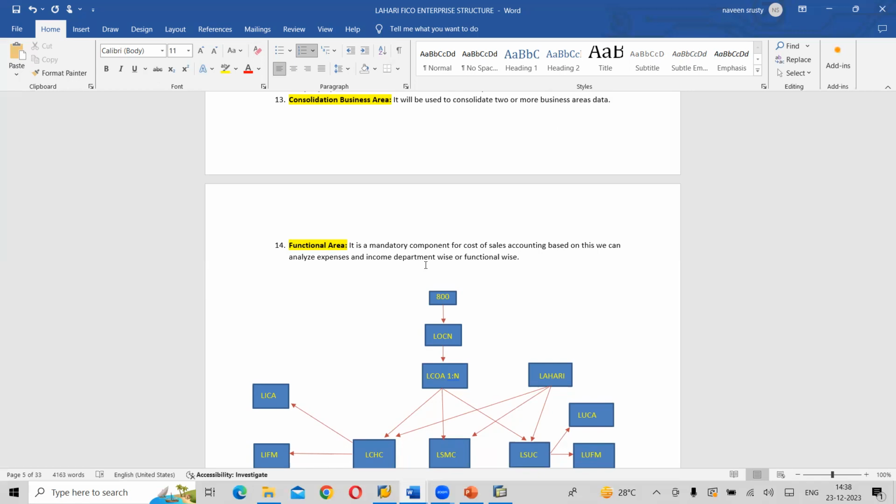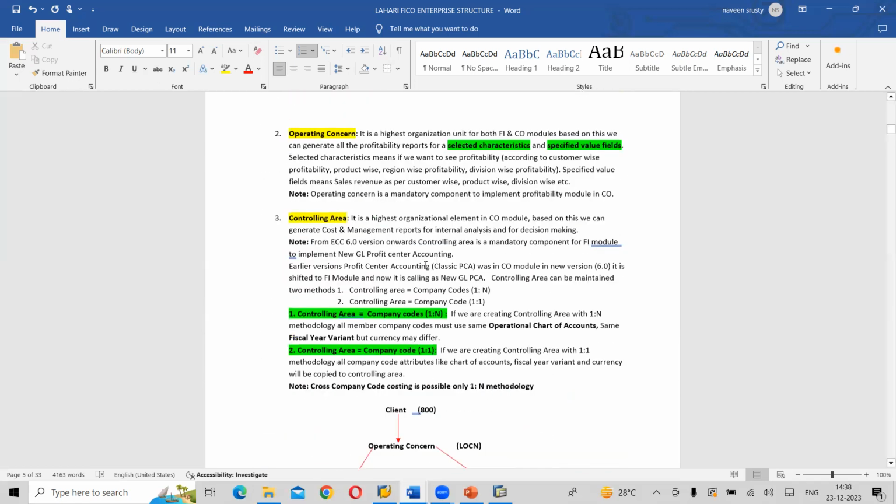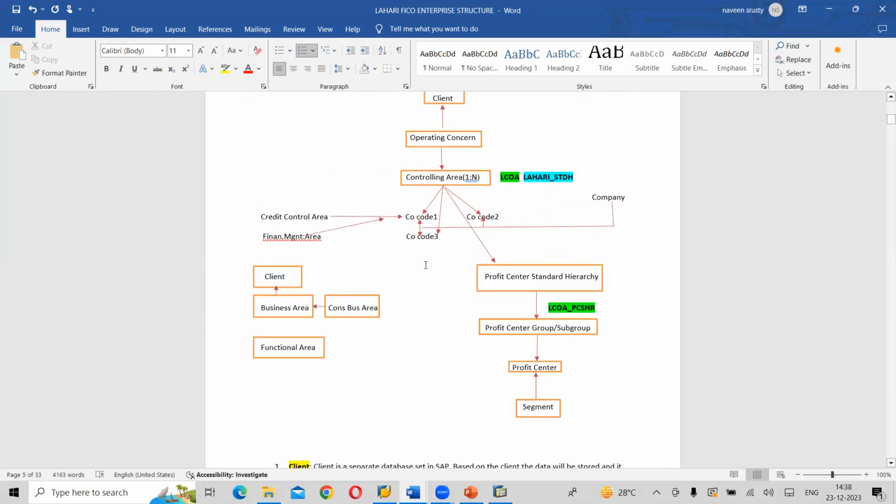So this is about your complete structure. You can see here. Client, operating concern we discussed, controlling area, company codes, credit control area, financial management area, right? Business area, consolidation business area, functional area, profit center, groups, subgroups, profit center, and so on.